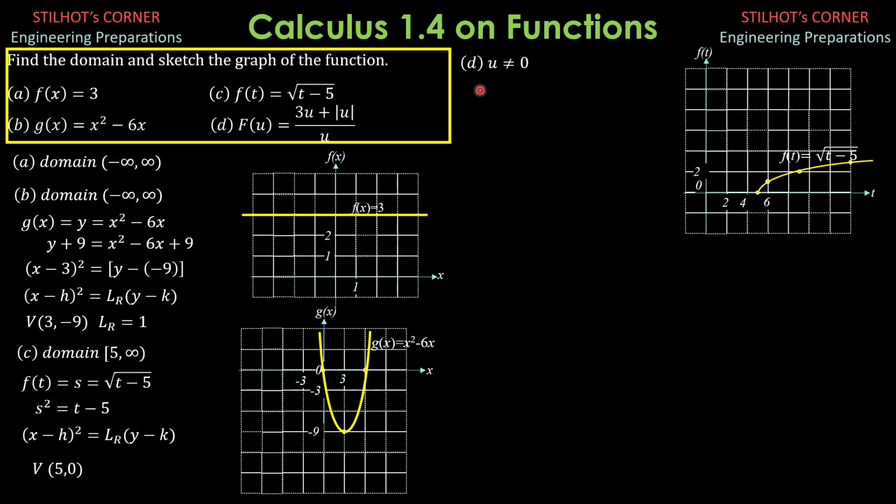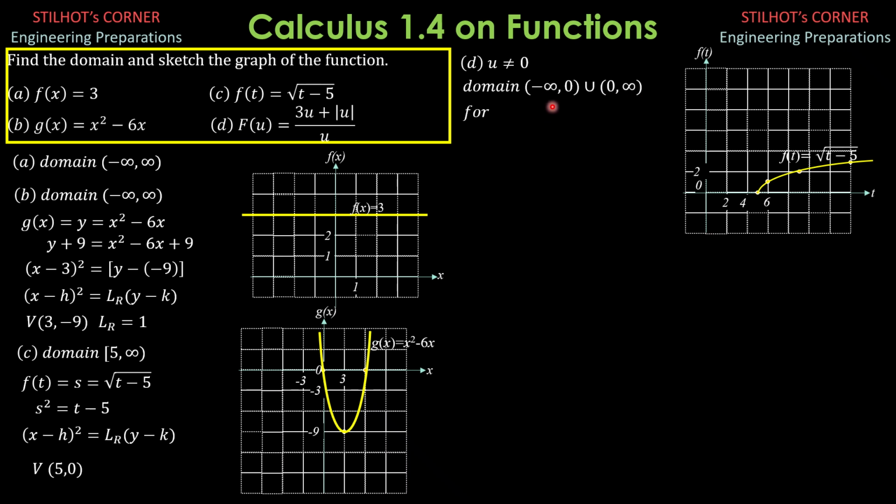So u equals 0 is a point of discontinuity. That's the only restriction for its domain. Therefore, the domain would be from negative infinity to 0, not including 0, union 0 to positive infinity, meaning 0 is not included in this domain.